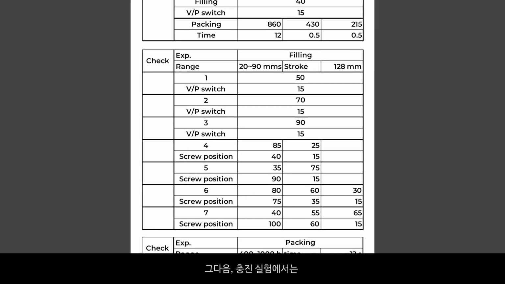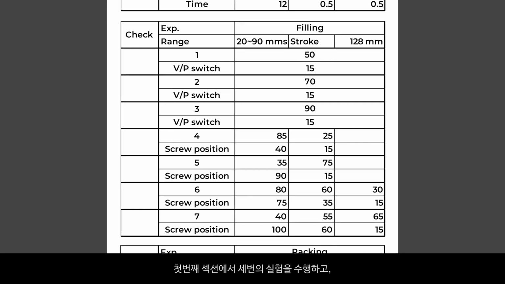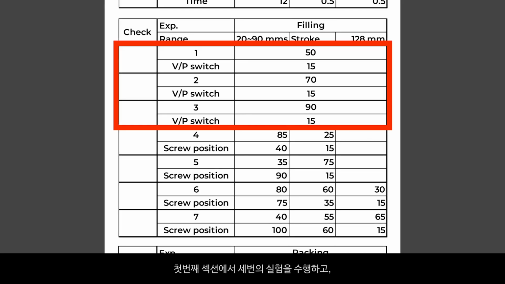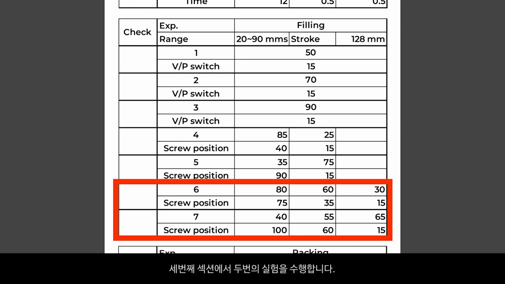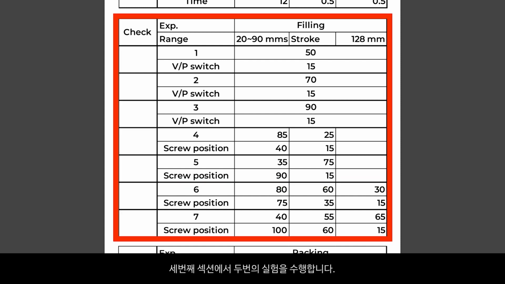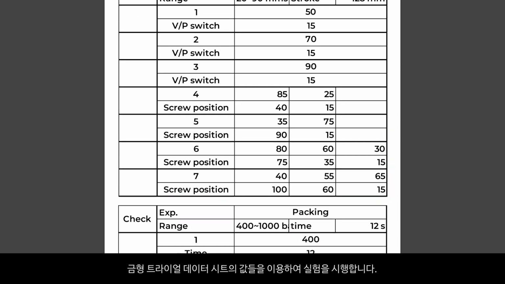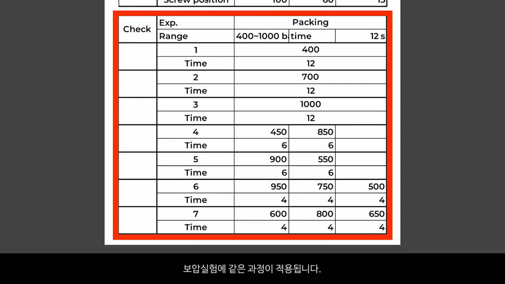Then, for filling experiments, implement 3 experiments in 1 section, 2 experiments in 2 sections, and 2 experiments in 3 sections by using the values on the mold trial data sheet. The same process also applies to packing experiments.